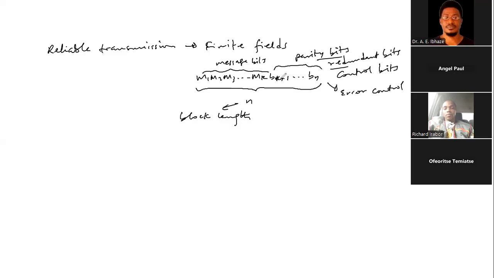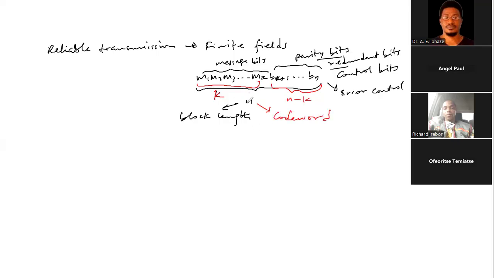Why we have B(K+1) up to BN: if the message bit is of length K, then this control bit is of length N minus K, because the total length is N, and this N is what we call the code word.